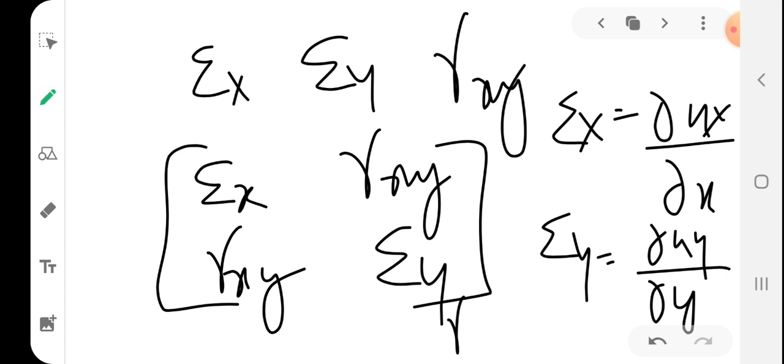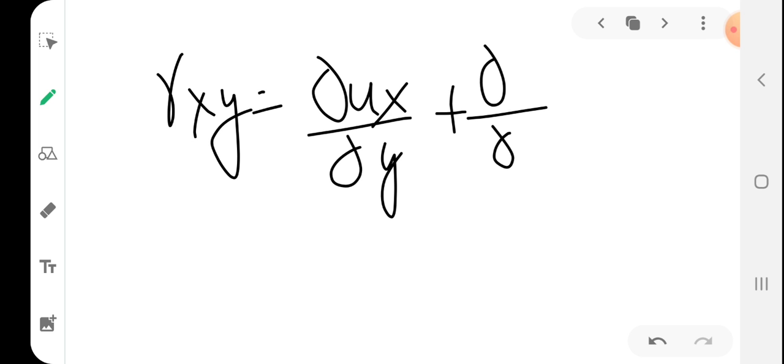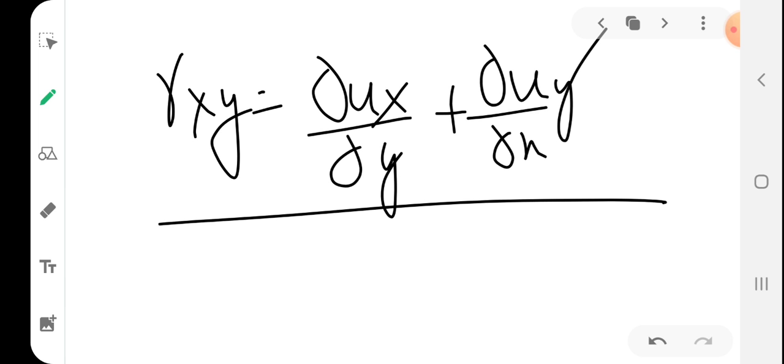And gamma xy is nothing but dou ux by dou y plus dou uy by dou x, right? Where ux and uy are the displacement components. So that's it. That's how you write plane state of stress and plane state of strain.